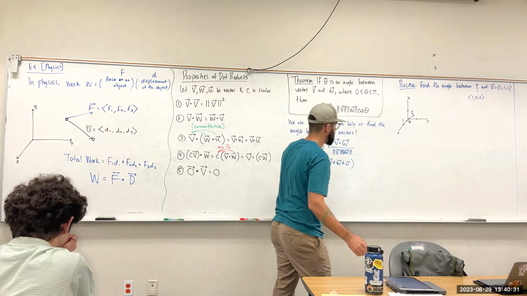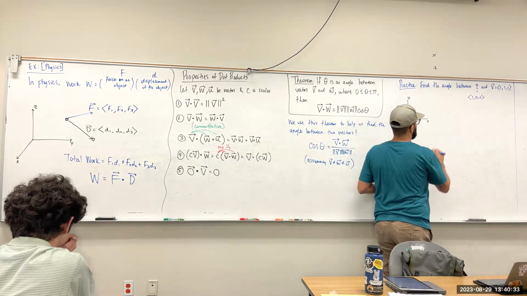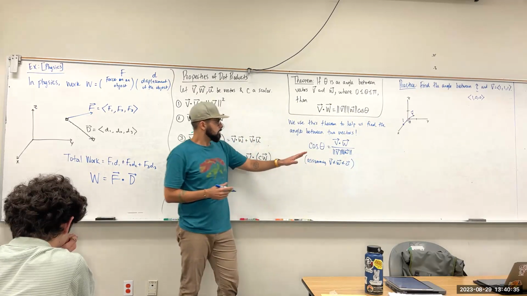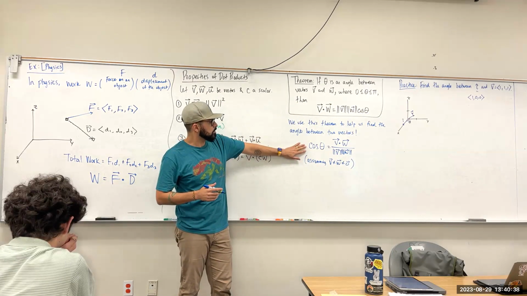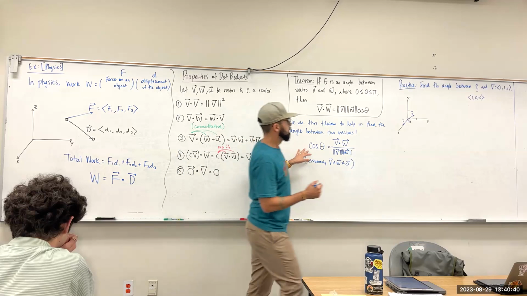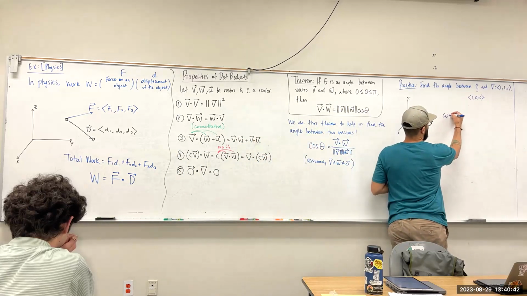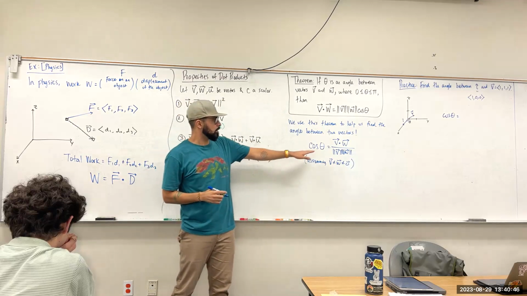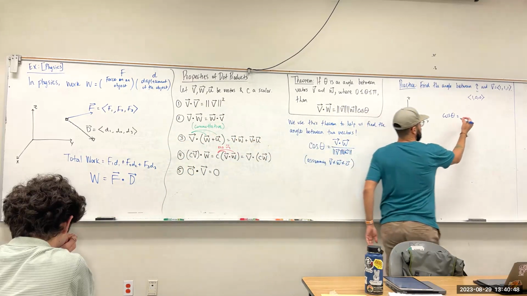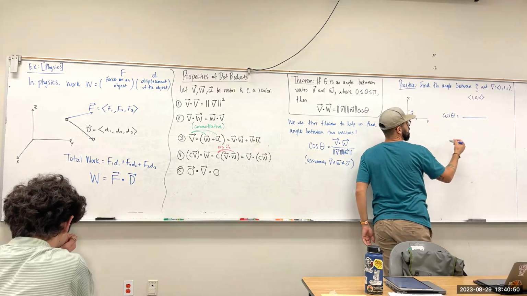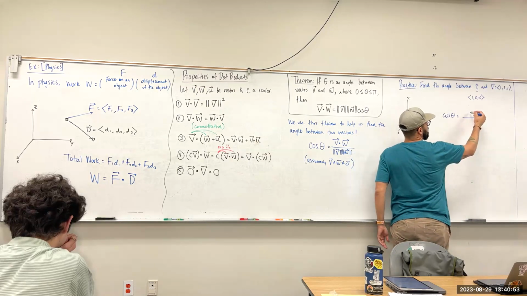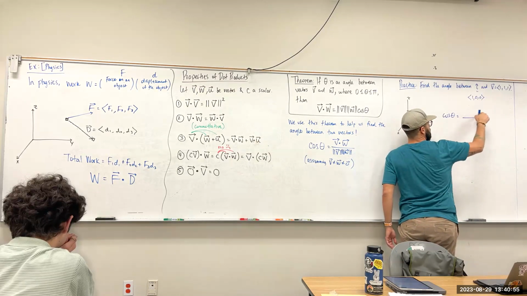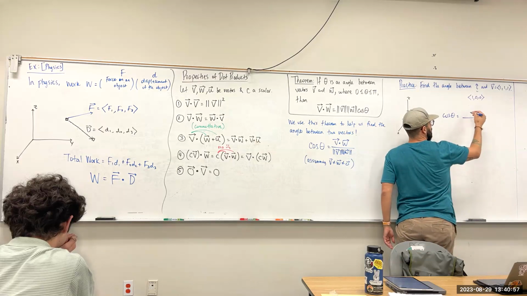All right, guys, let's see what's up. So let's try to use our theorem here. What did you guys write here? Cosine of what? What goes on the top? A one.